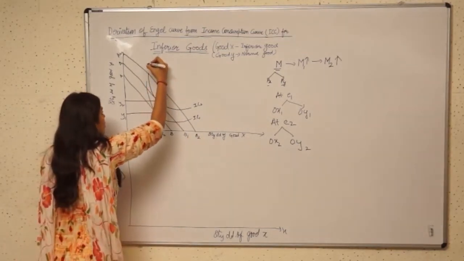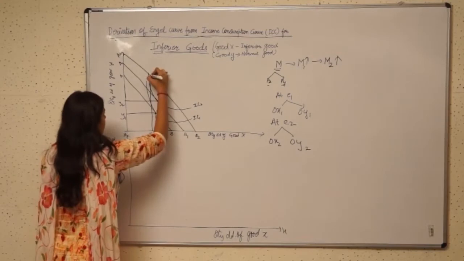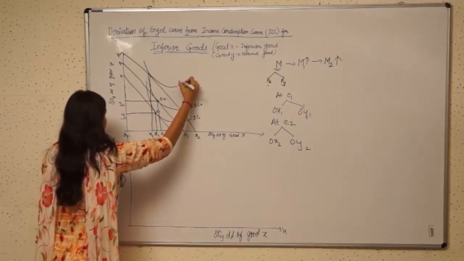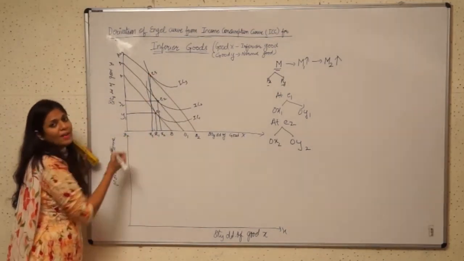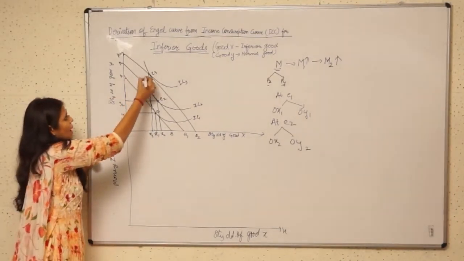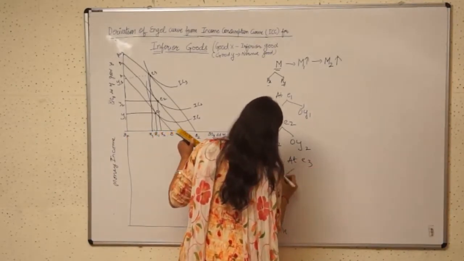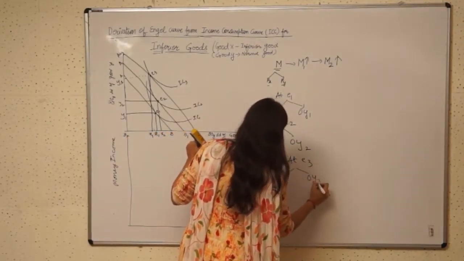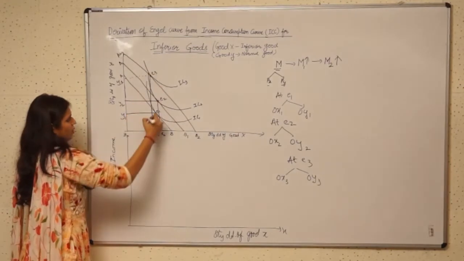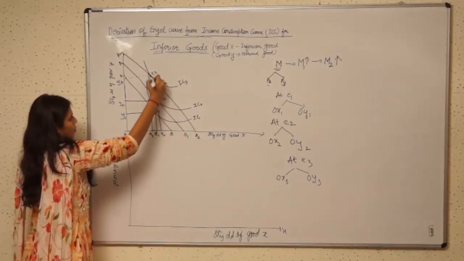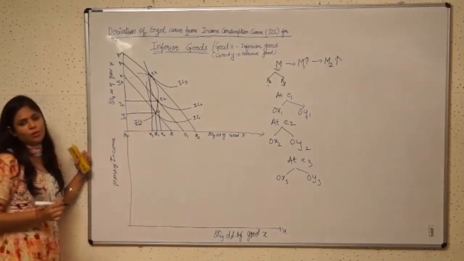Now again consumer would be in equilibrium at point E3 on IC3, consuming OX3 units of X and OY3 units of Y. Now by joining points E1, E2, E3, we are going to get the income consumption curve.